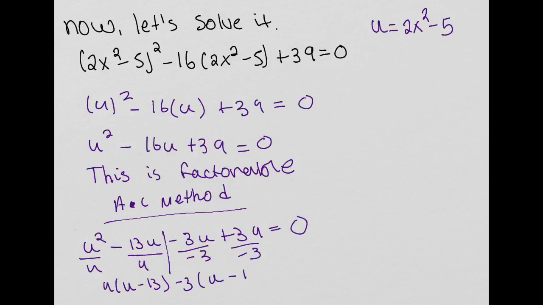So u minus 13 equals 0. I'm going to rewrite it. Well, actually, let's not rewrite and make it a mess. Let's just go to another page. So that's going to be u minus 13 and u minus 3 equals 0.